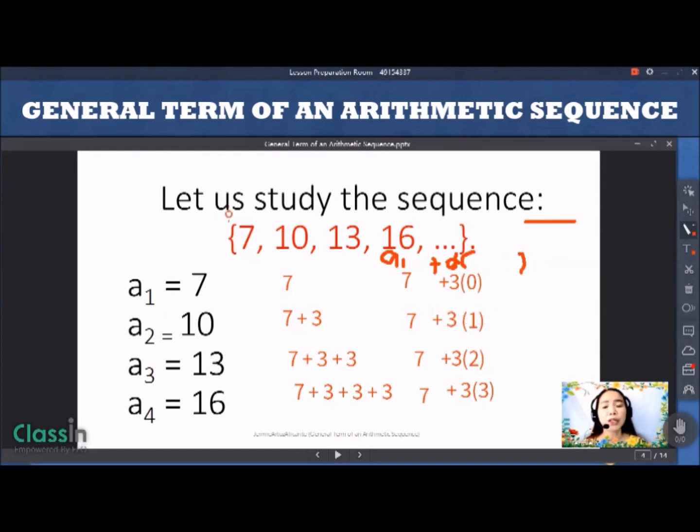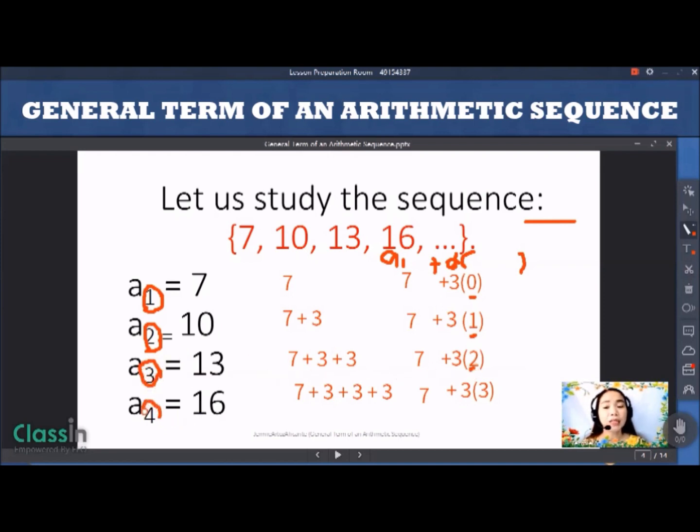If you have observed, when your n is 1, this is 0, right? When n is 2, this becomes 1. When n is 3, the number here becomes 2.